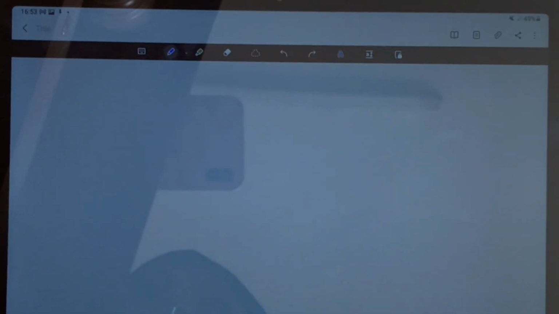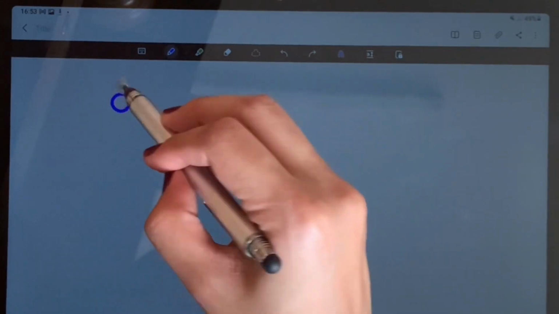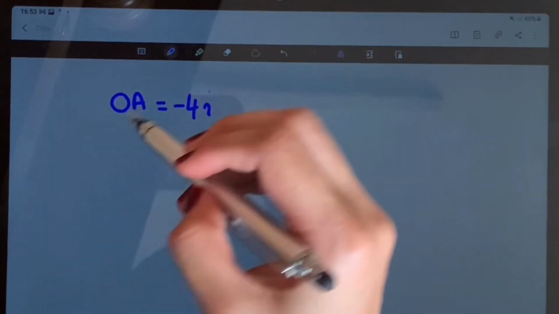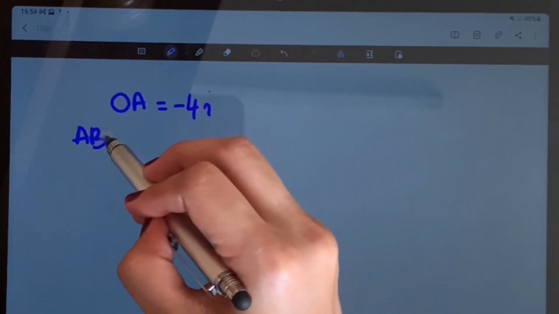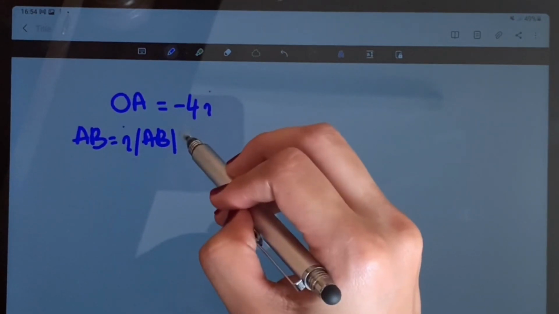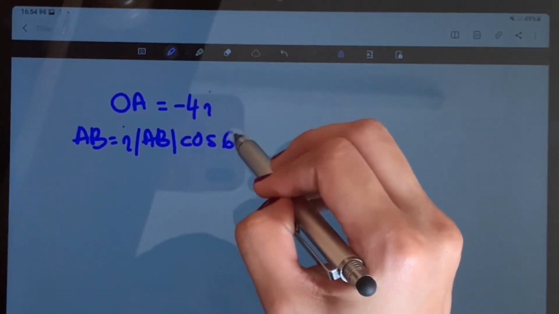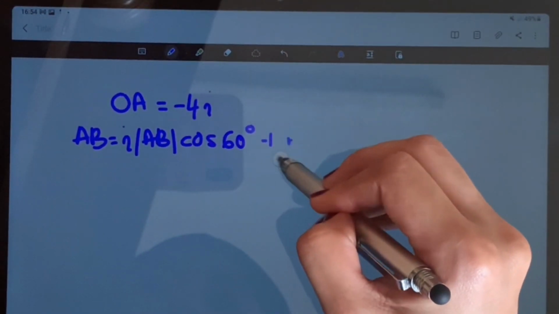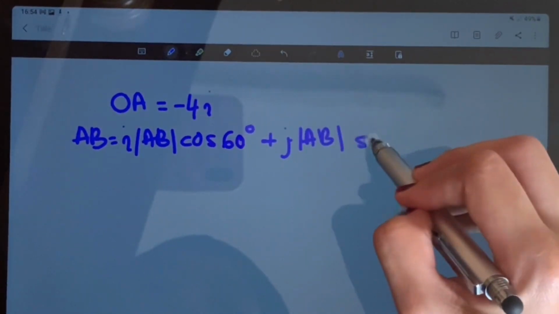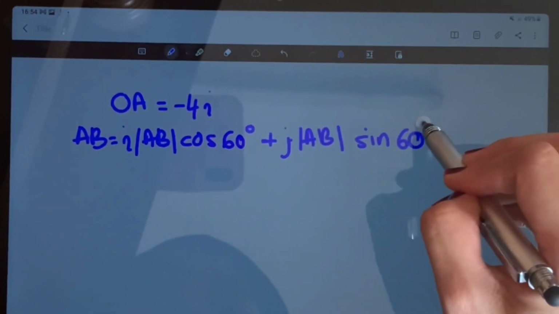The position of the girl can be shown as OA equals negative 4i, AB equals i modulus AB cos 16 degrees plus j modulus AB sin 16 degrees.